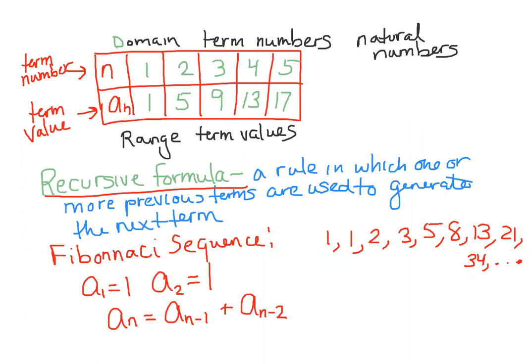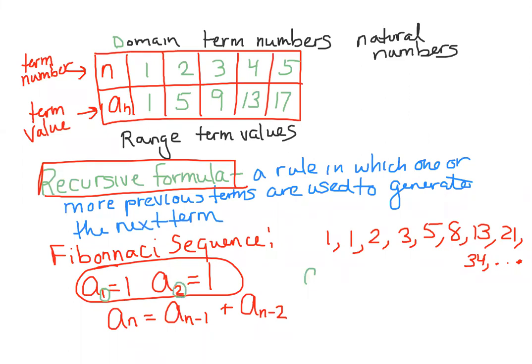So let's look at what that looks like. In a recursive formula, you have to define at least the first term. In this case, we defined the first term and the second term. So now if we wanted to find the third term, here's n equals 1, here's n equals 2. If we wanted n equals 3, A3, we would substitute 3's in for these n's, and we would get A3 minus 1 plus A3 minus 2.